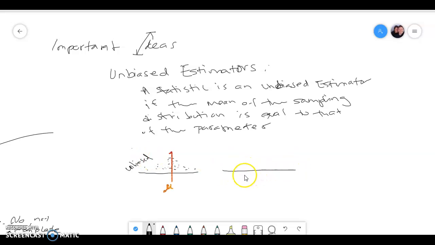Versus a biased estimator, which might look like this. And our true population mean is like over here. So our sampling mean is here by this peak, but our true population mean is over here. So this would be considered biased.